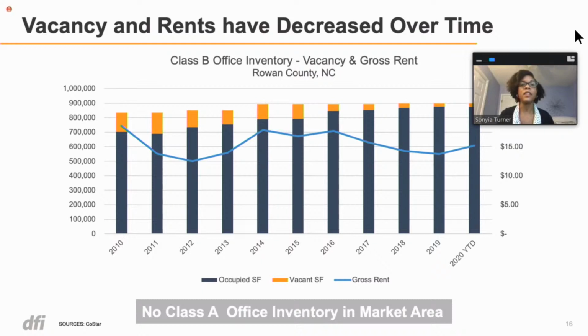This is interesting to note because typically if you see vacancy decrease, that might indicate that rents should be increasing, but we're seeing both decreasing over time, which for us suggests aging office inventory. So not only is little new office being built, but the current office supply is aging and therefore not able to command the higher rents that you might see in a newer product.